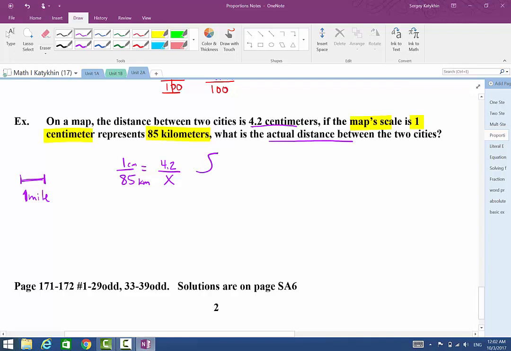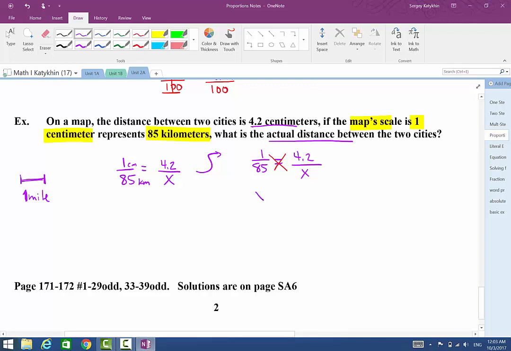So to rewrite this without the units, we get 1 divided by 85 is equal to 4.2 divided by x. Well, this is simple enough. Just cross multiply. x times 1 would be x. Let me change the color of the pen.